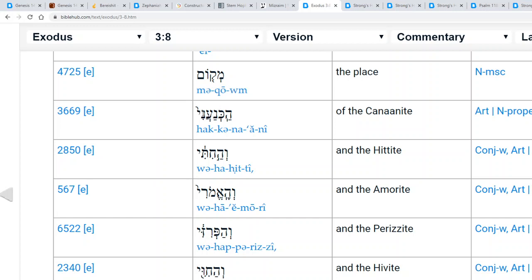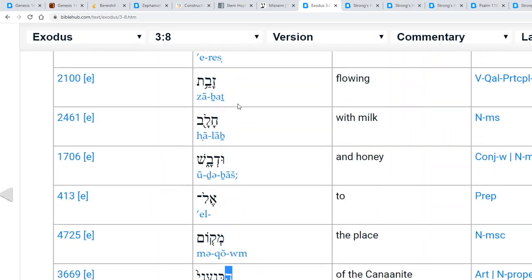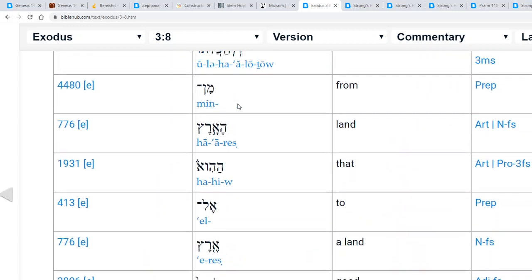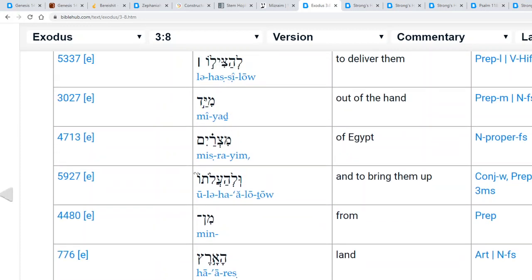Kenani, obviously, with the yud at the end, Canaanite. So Canaan is Canaan, Kenani is a Canaanite, and Ha-Kenani is with the article. And that's part of what I wanted to point out with Mitzri. You'll notice it says Mitzrayim is in the plural form, but we don't say Mitzrayimi. We don't say that somebody is an Egyptian by saying Mitzrayimi.